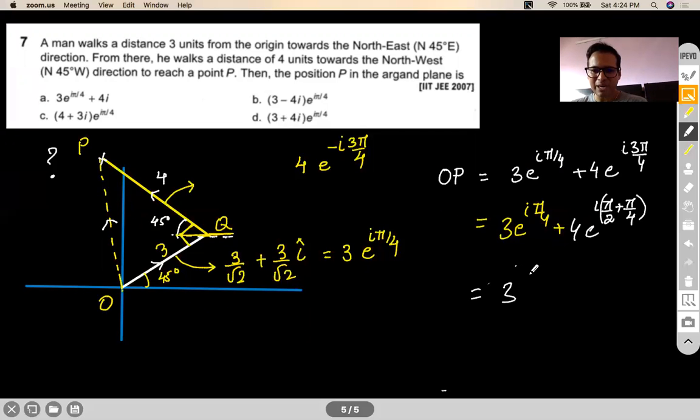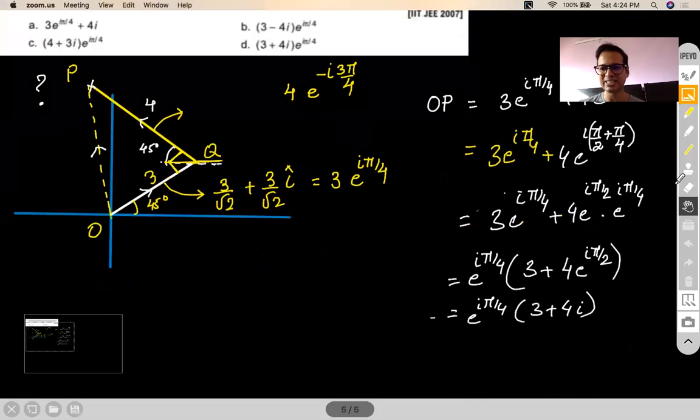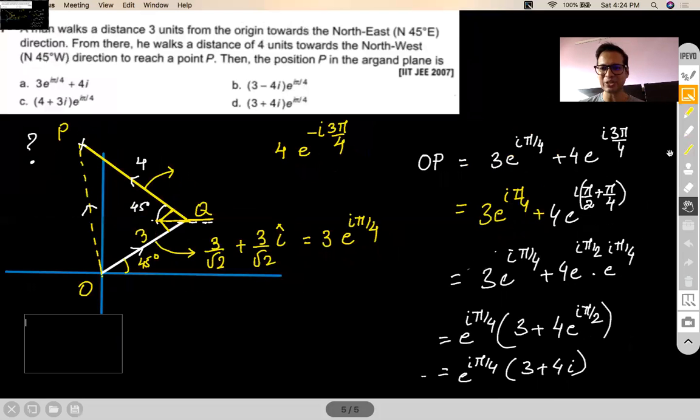So 3 e to the power i pi by 4 plus 4 e to the power i pi by 2 into e to the power i pi by 4. Take e to the power i pi by 4 common. You'll have 3 plus 4 e to the power i pi by 2. Remember, e to the power i pi by 2 is i. So this will give you 3 plus 4i, which I believe is option number D. Yes or no?